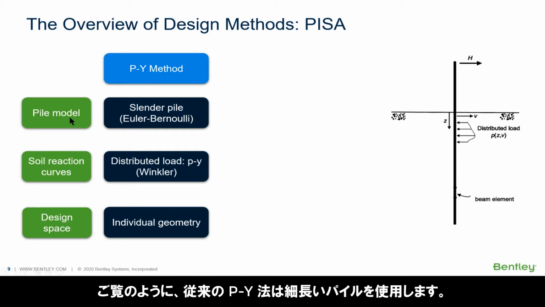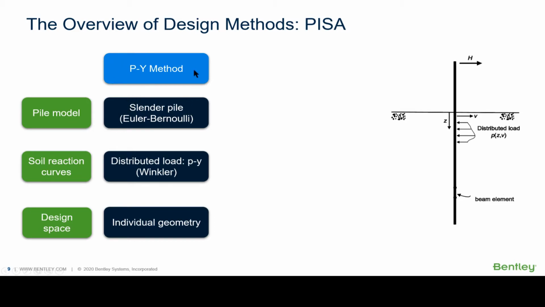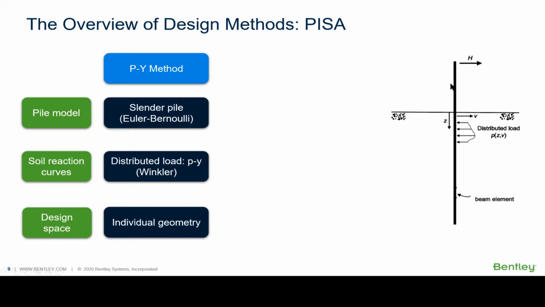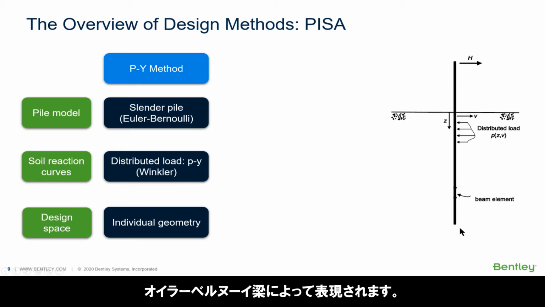As you see, the traditional PY method uses the slender pile, and this pile is represented as a Euler-Bernoulli beam, which does not consider the shear effect.